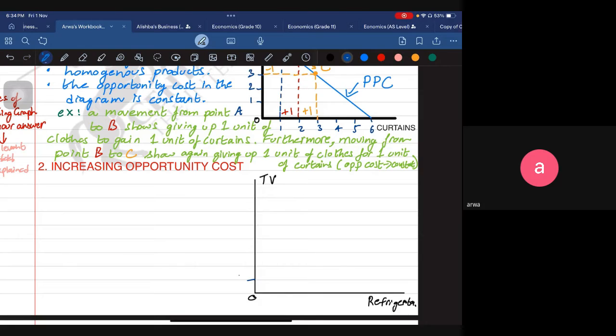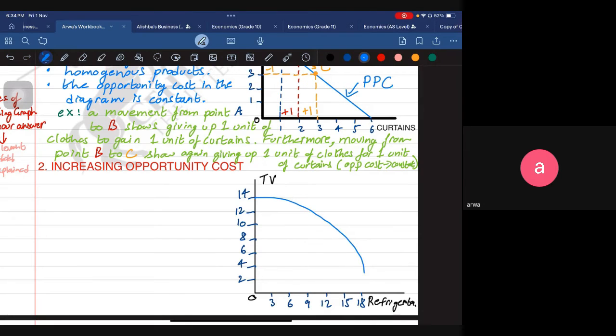Let's suppose it is 2, 4, 6, 8, 10, 12, 14. And here we have 3, 6, 9, 12, 15, probably also 18.